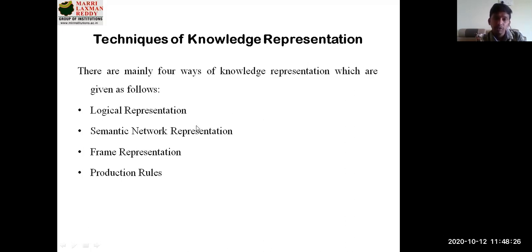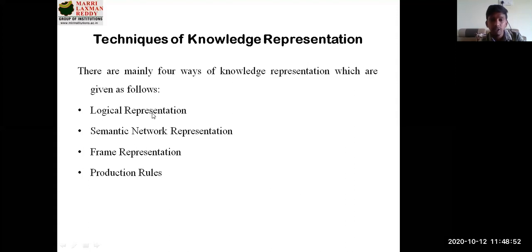The four different ways to represent your knowledge are: first, logical representation; second, semantic network representation; third, frame representation; and finally, production rules. Coming to the syllabus specifically, we are given semantic network representation and frame representation.